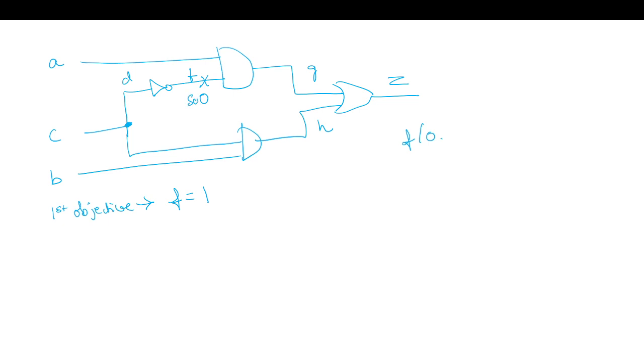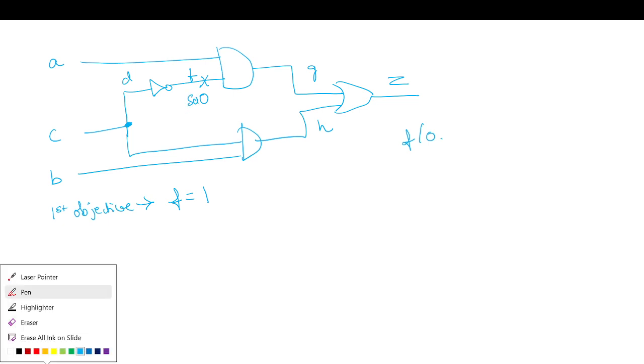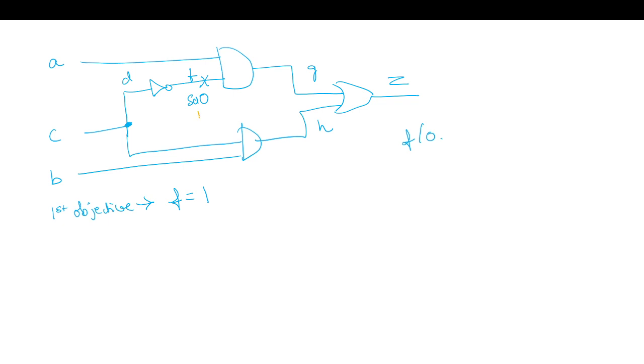This is stuck at 0. Let me take some other color. So we want a 1 here. Now we have to backtrace till the primary input. So we are coming to the primary input, so no J frontier, so there are no internal conflicts.